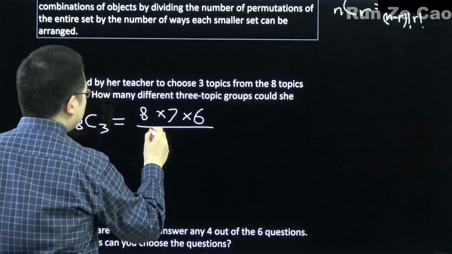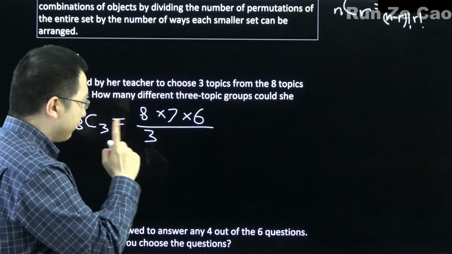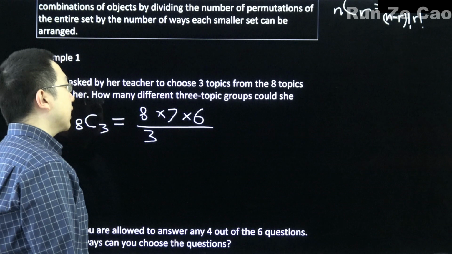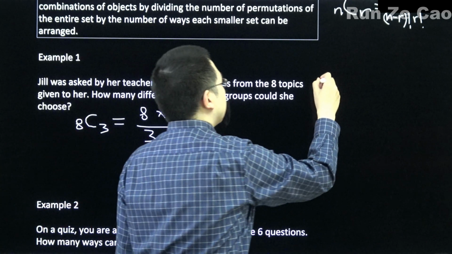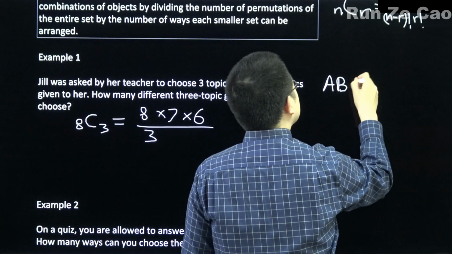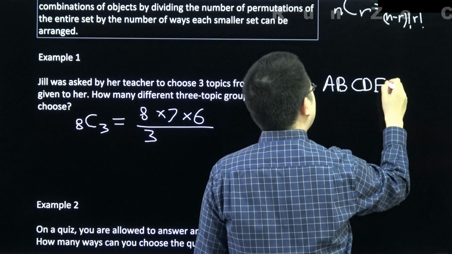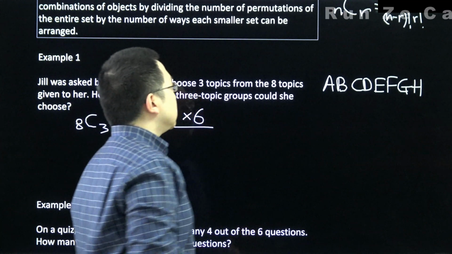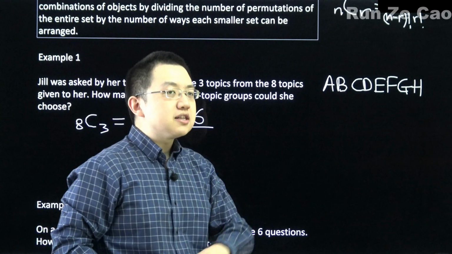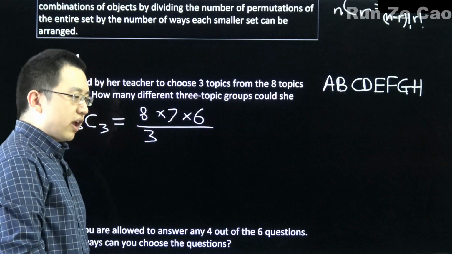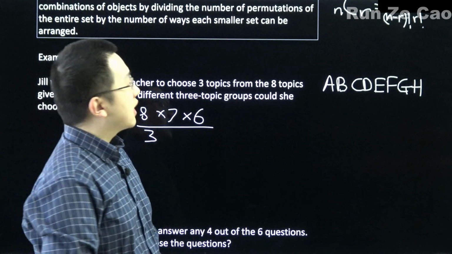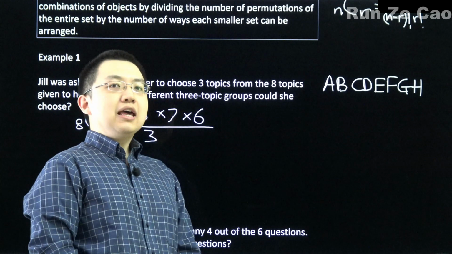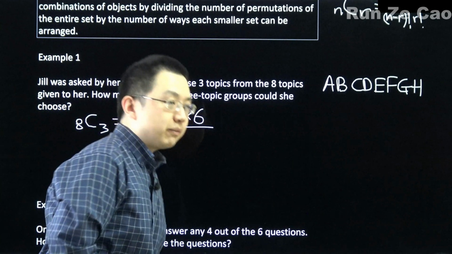Let's call these topics A, B, C, D, E, F, G, and H. Let's say she ended up picking topics A, B, C. If we consider ABC to be the same as CBA or BAC or BCA, then how many ways could those have been arranged?